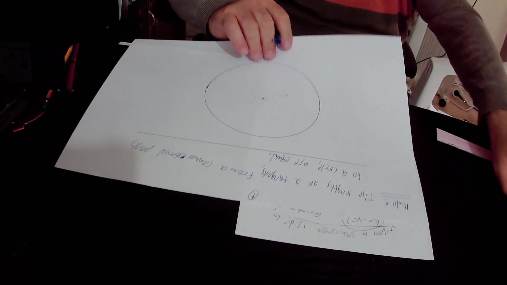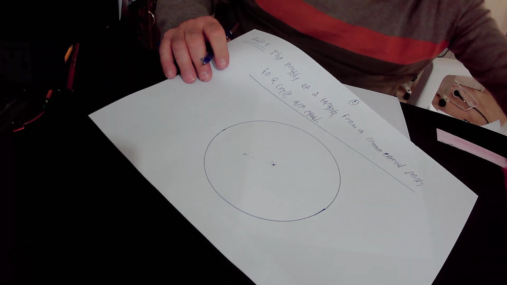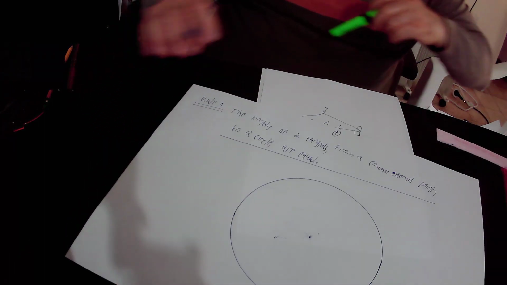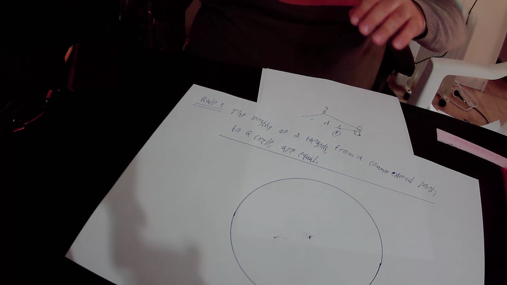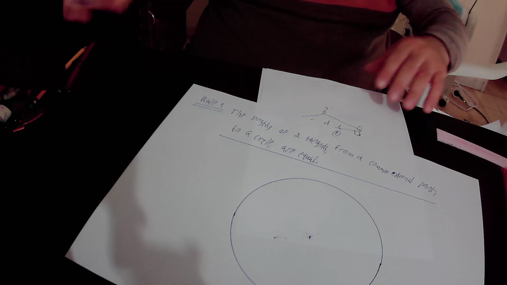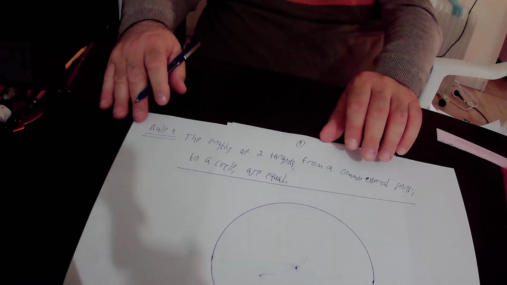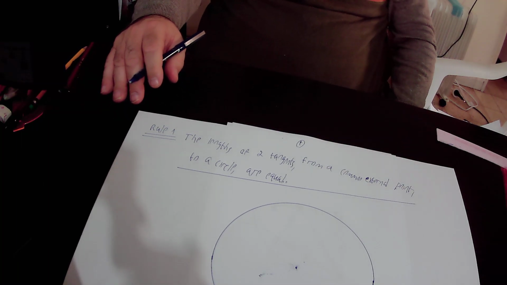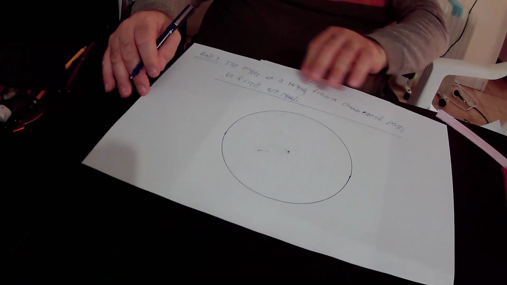I will read rule number 1 again. According to rule number 1, the lengths of two tangents from a common external point to a circle are equal. So what is the meaning of rule number 1?